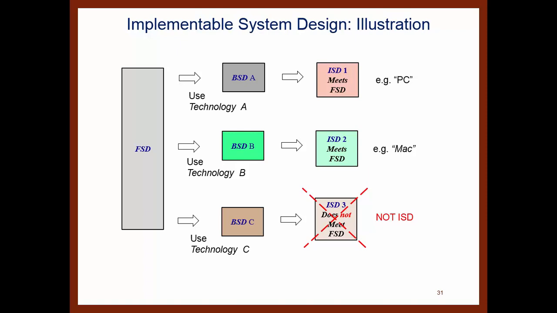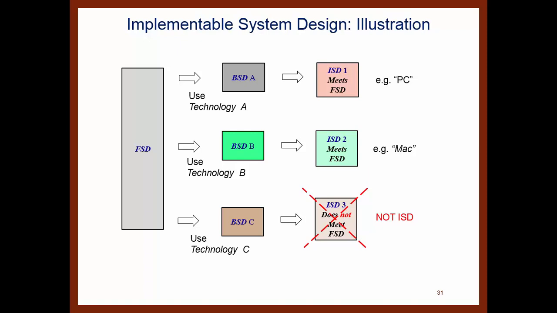We have using technology A, using technology B, using technology C. We can come up with three different buildable system designs. So if, for example, we go back to the car example, this could be an engine, gas engine. This could be hybrid. This could be electric car. So three different technologies achieving the same goal.